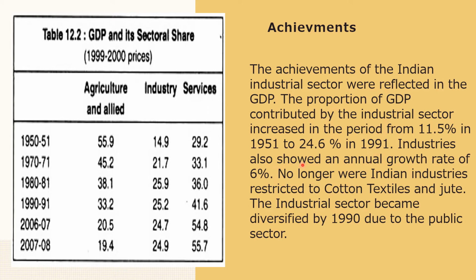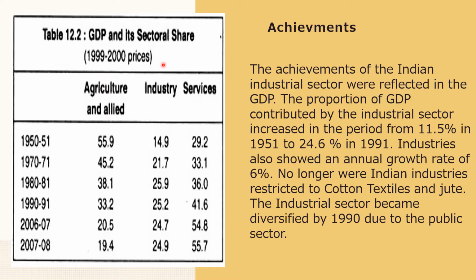Industries also showed an annual growth rate of 6%. No longer were Indian industries restricted to cotton textiles and jute. The industrial sector became diversified by 1990 due to the public sector.